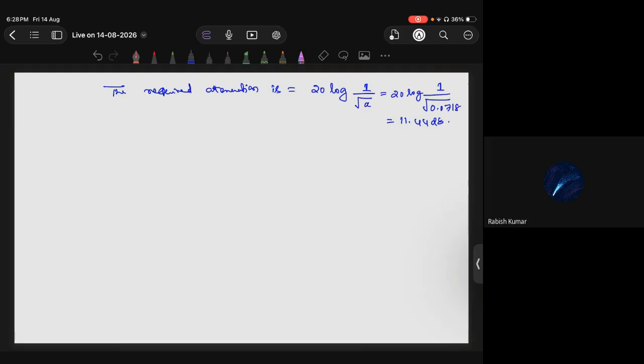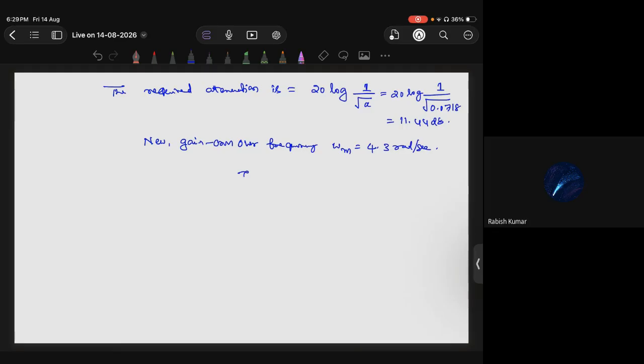For this, the new gain crossover frequency we should get is omega equal to 4.3 radian per second.